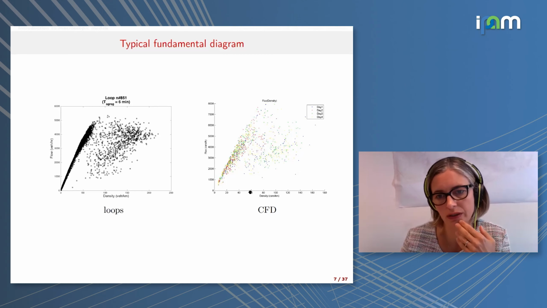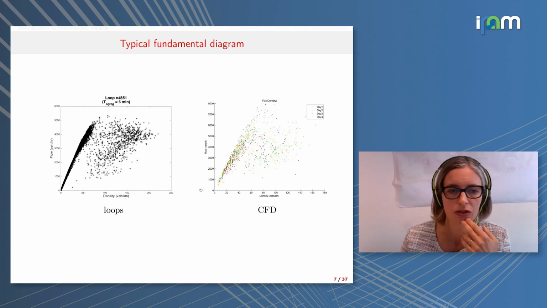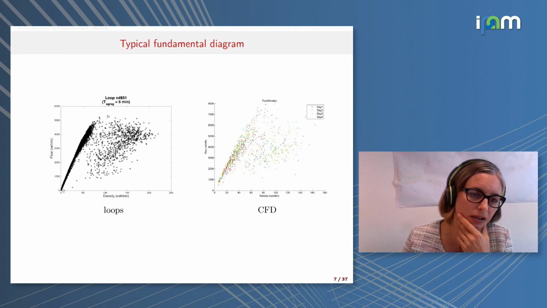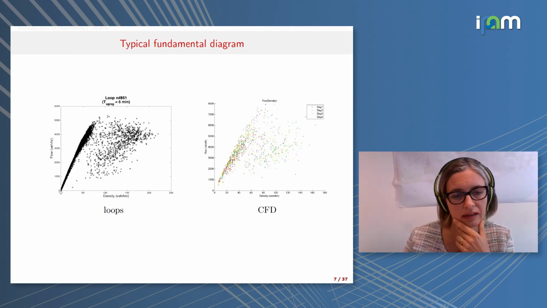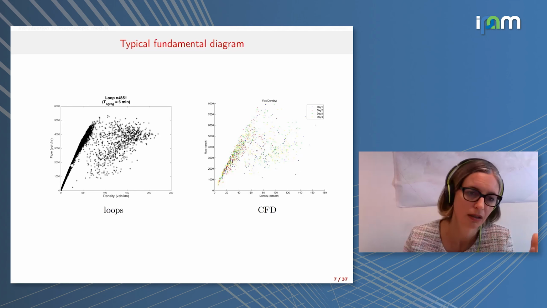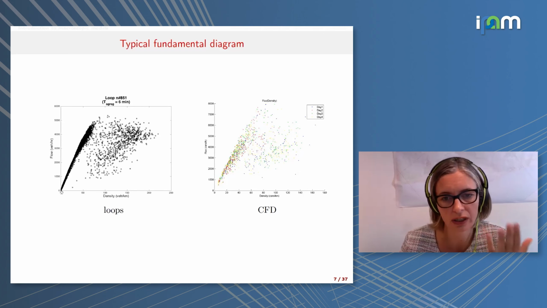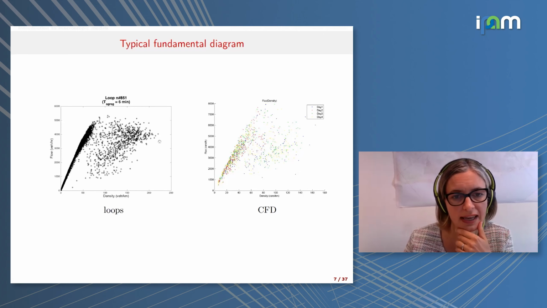So you can distinguish, as you probably already know, a part of the fundamental diagram that shows a more or less linear dependence, but at least a one-to-one dependence of the flow against the density, and this is what is usually called the free flow phase.